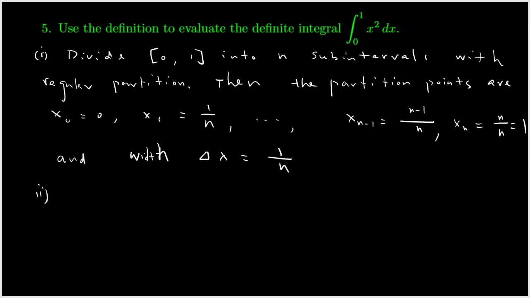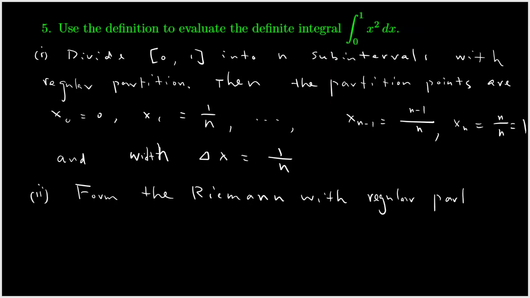So second step, we form a Riemann sum, with a regular partition and the right endpoints.